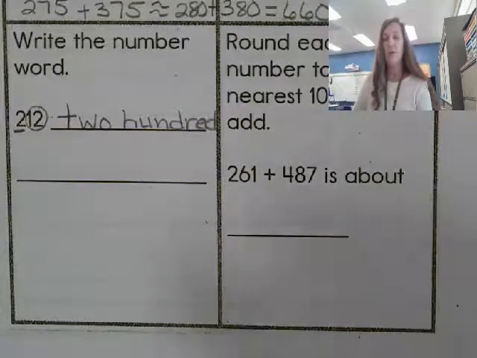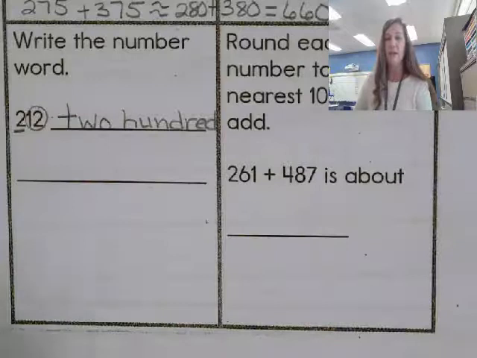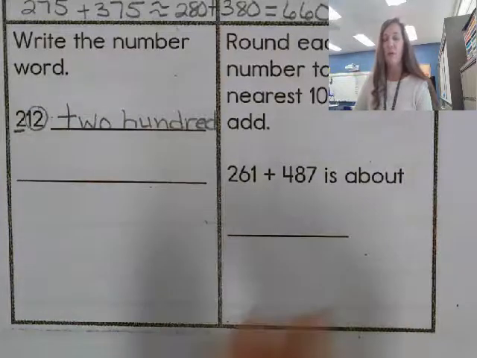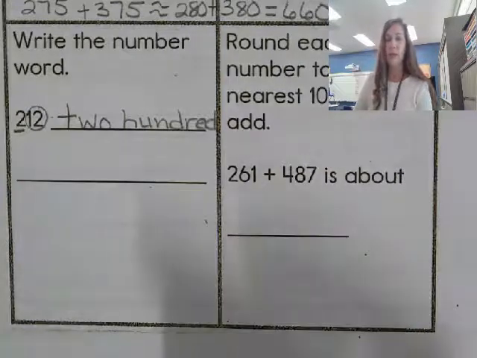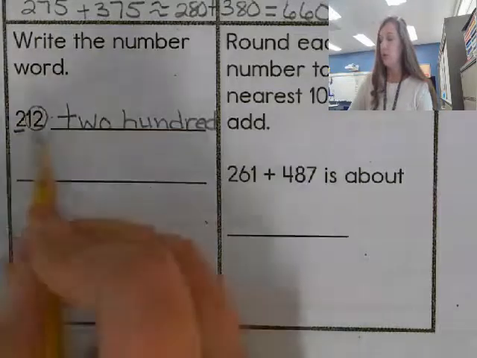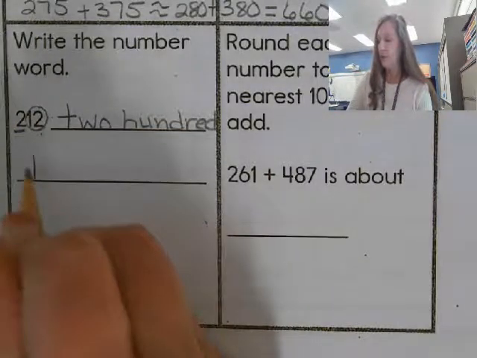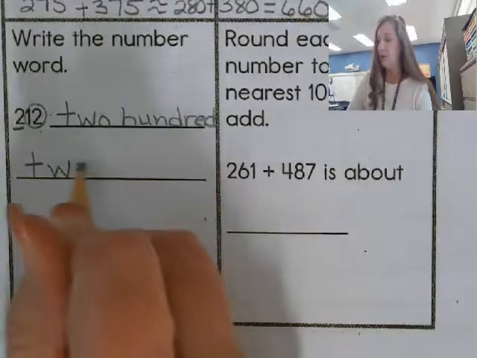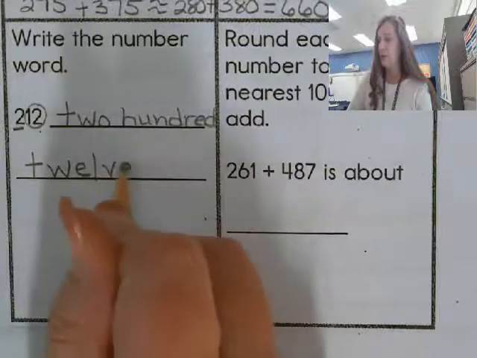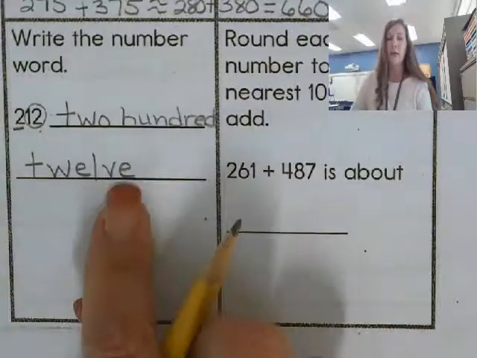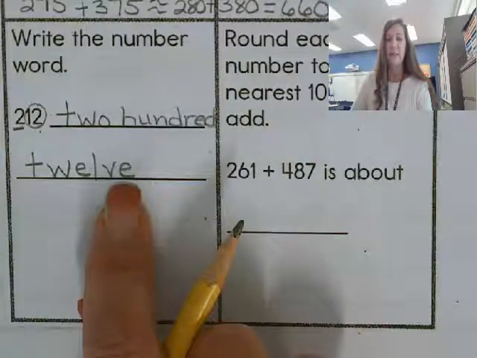But up till 20, everything is in the teens, or it's just single, like 7 or 9. So once we say 12, the 10 and the ones are written together as in the teens.